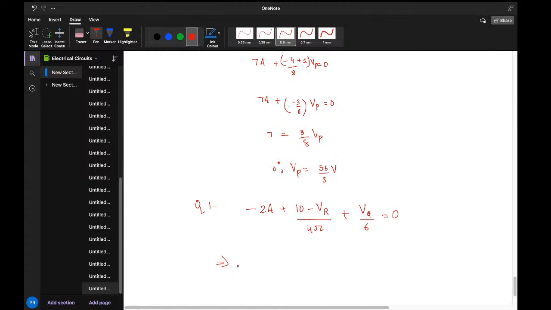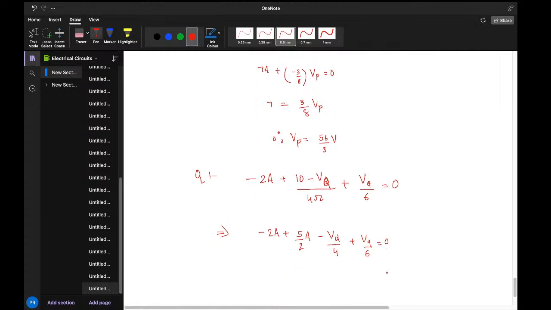So this is Q over here. Let's try simplifying this. That's minus 2a plus 5 by 2 ampere minus V of Q divided by 4 plus V of Q divided by 6 is equal to 0.